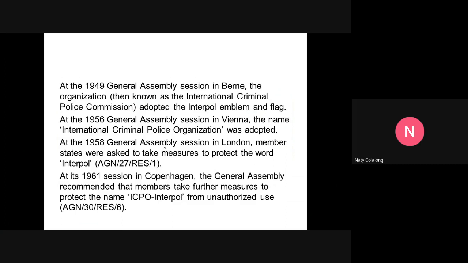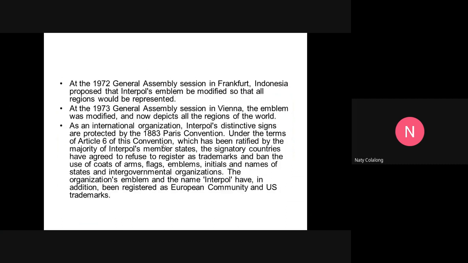At its 1961 session in Copenhagen, the General Assembly recommended that members take further measures to protect the name ICPO Interpol from unauthorized use. At the 1972 General Assembly session in Frankfurt, Indonesia proposed that Interpol's emblem be modified so that all regions would be represented.